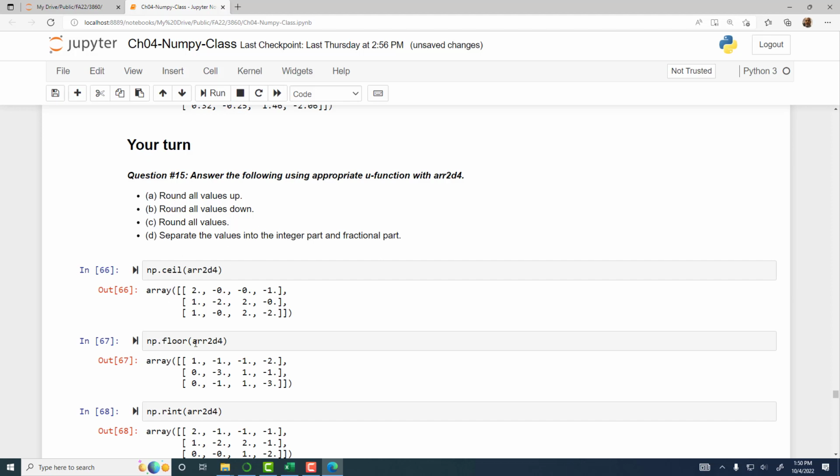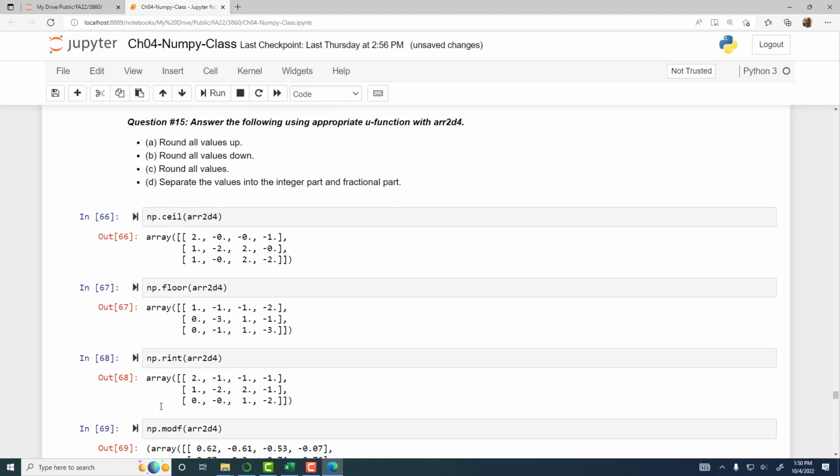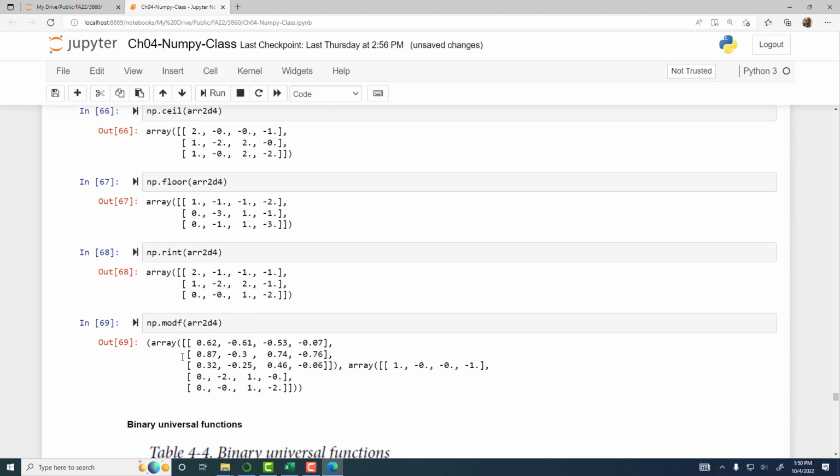Round down all values is floor. And regular rounding is RINT. And then we have modf, which gives you two arrays. Okay. So one is the decimal part, and the other one is the integral part.